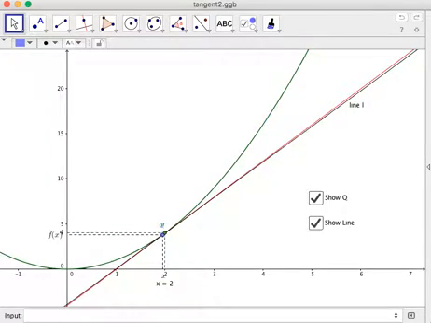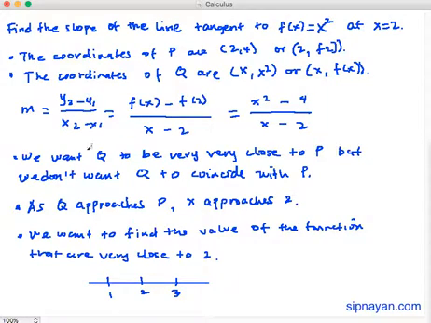Sa left, for example, maybe ito yung left natin, maybe we have 1.5, tapos pagpalapit siya na palapit, 1.7, 1.9, di ba? Then 1.99, and 1.999, and so on.